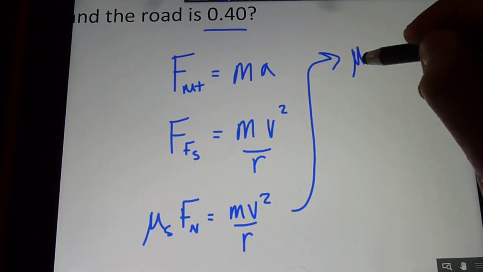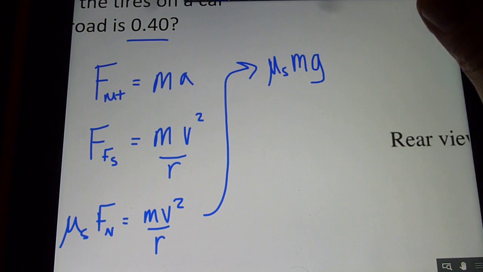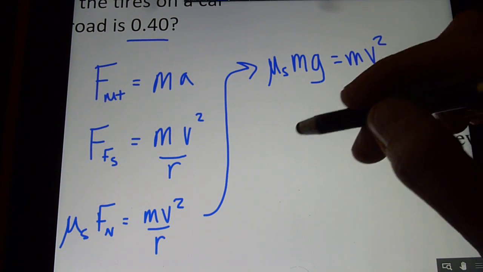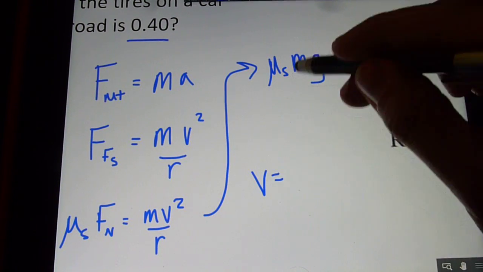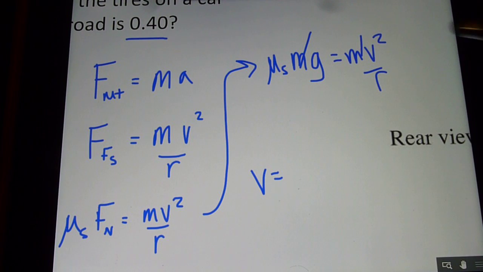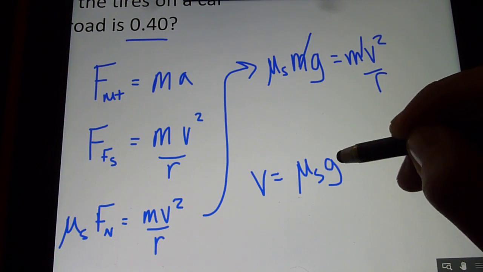So we've got my coefficient of static friction times the mass of my car times g is equal to mv squared over r, which means solving for v, we see my masses don't matter. Solving for v is going to give me the square root of my coefficient of static friction times g times r.